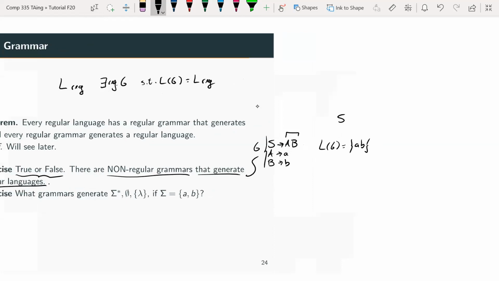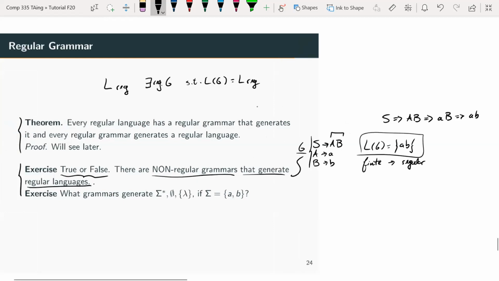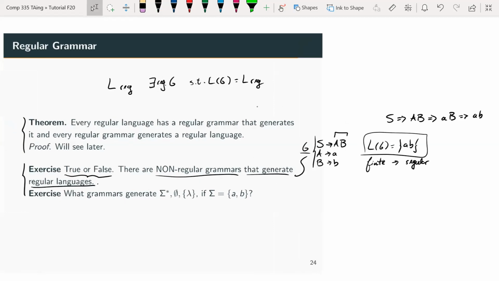If I replace S with AB, then A with little a, and B with little b, this is the only possible derivation, the only possible terminal string you can get from G. So L of G is finite, so it must be regular. However, the grammar here is not regular. So there are non-regular grammars that can generate regular languages. This is actually true.